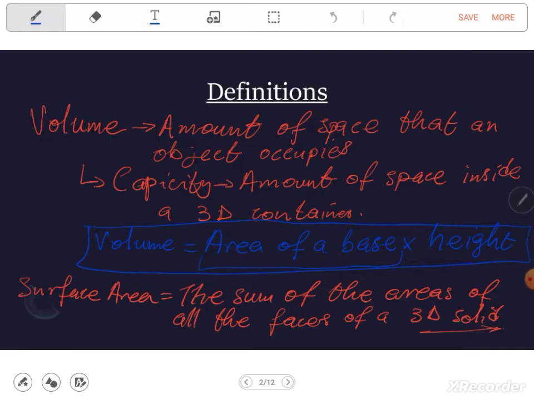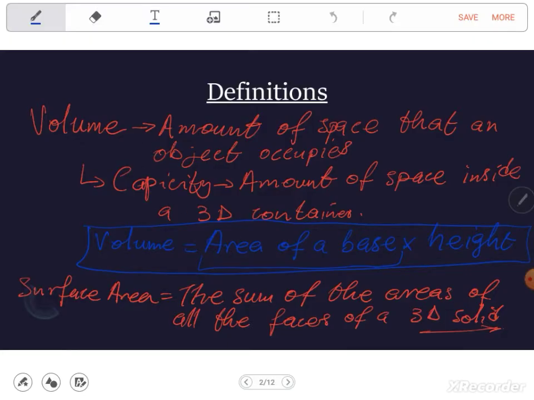Now, in the previous video, we explained and discussed how we get the formulas for different 3D shapes. I'm just recapping here. We said that the volume is the amount of space that an object occupies, whilst capacity, which is a different way in which we can find volume, is the amount of space inside a 3D container. So the calculation of both capacity and volume are likely to be the same.